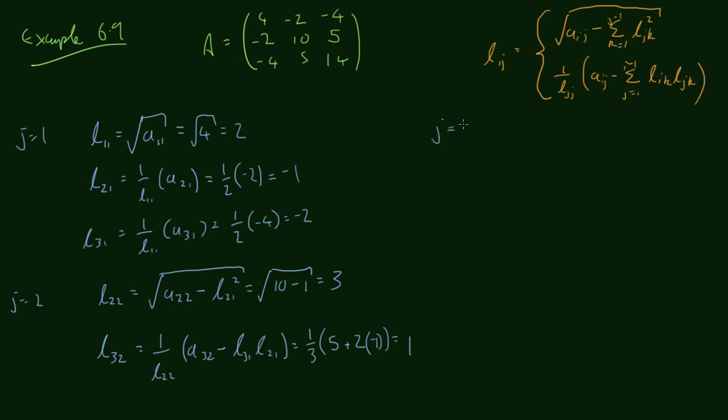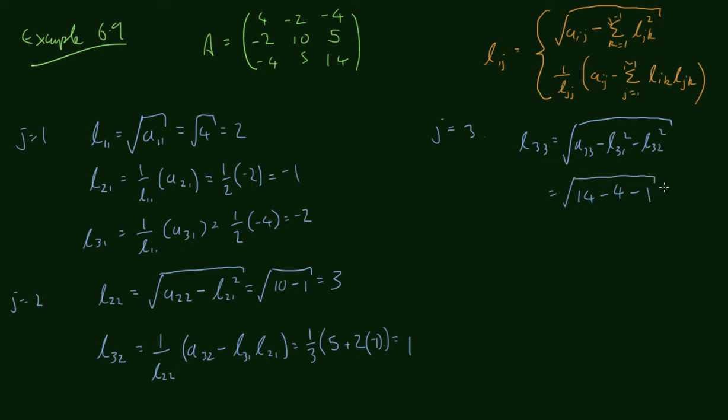Finally, j equals 3. So we've got just L33. That's going to be the square root of A33 minus L31 squared minus L32 squared. A33 was 14 minus L31 squared, so that's 4, and L32 is 1, so minus 1.